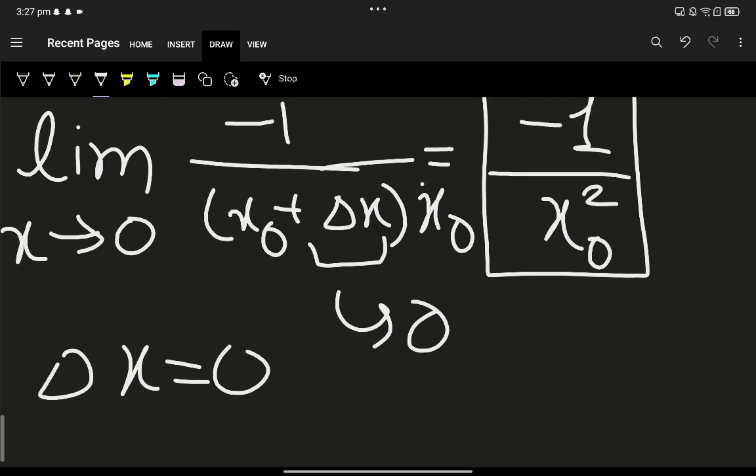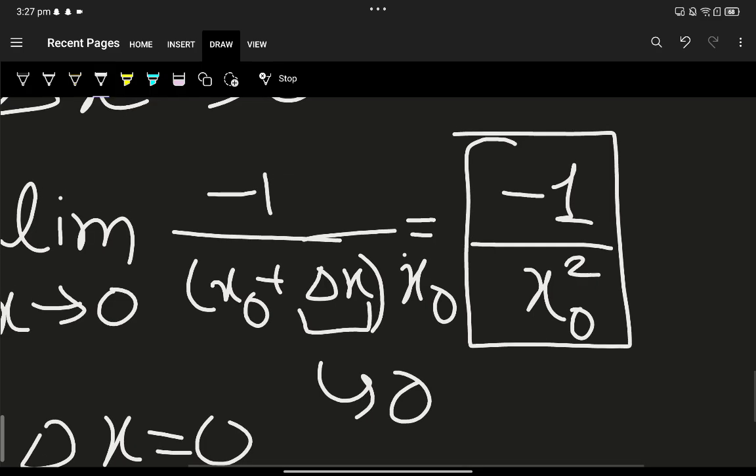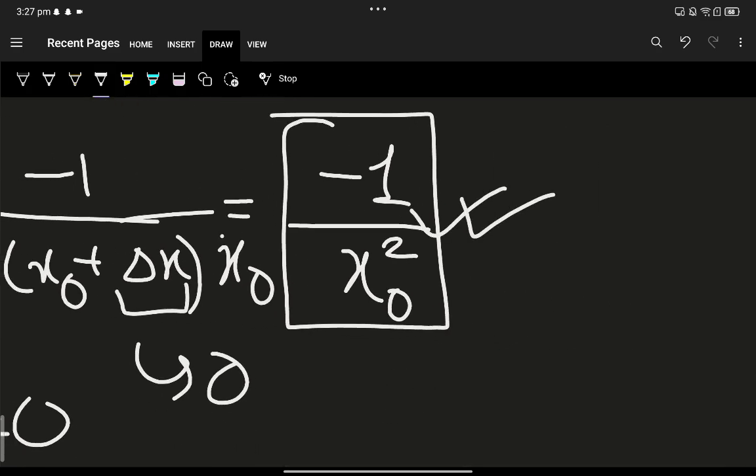Okay, I hope it's clear. What we are doing is, after cancellation, we are taking the limit as delta x approaches 0, and we are putting 0 in the place of delta x, and then we are calculating. So if I put 0 in the place of delta x, it will be x naught plus 0, it is x naught, and x naught into x naught, it is x naught square. And this is the final derivative of the function 1 by x.